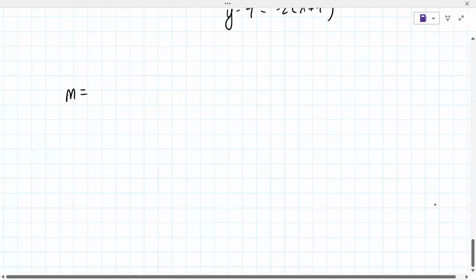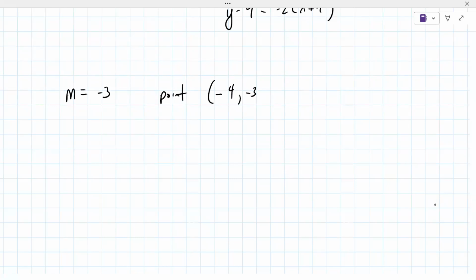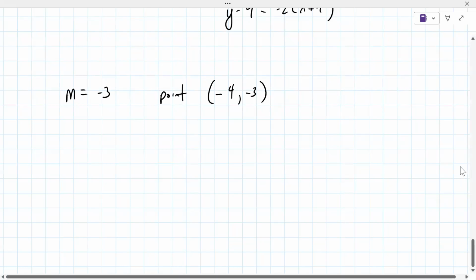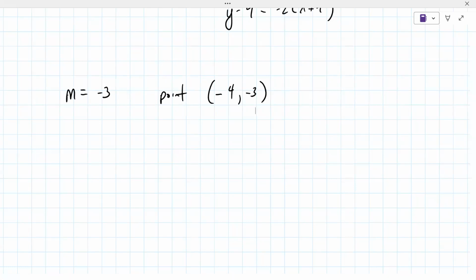Let's say it's got the slope of -3 and goes through the point -4 comma -3. Would that be x1 and then y1, right? That's right. Yeah. So give me the equation whenever you got it.